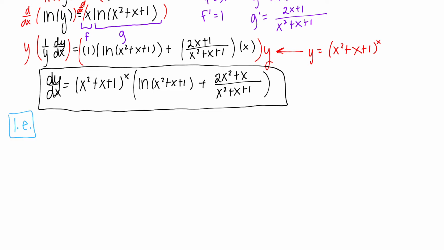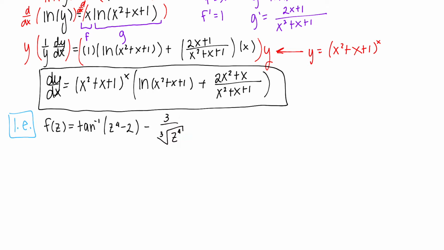For 1e, we have f of z is equal to tan inverse of z to the 4th minus 2 minus 3 over the cubed root of z raised to the 4th. So I'm going to rewrite this before taking a derivative.